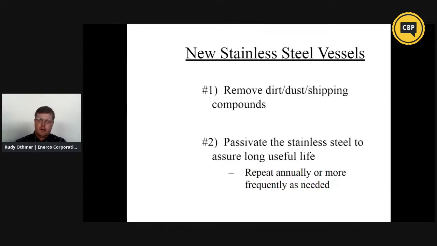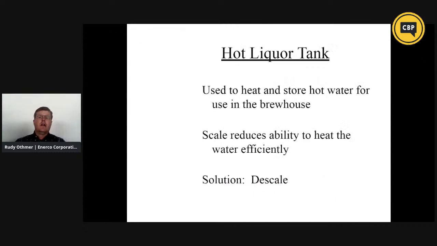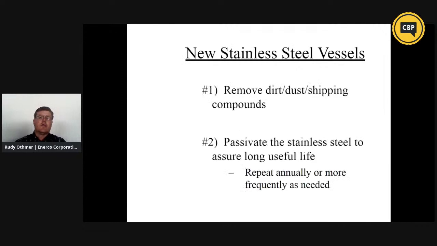And I don't have a slide on it, but you can use what's called the water break test. If you're wondering whether your stainless surface is clean, allow water to run down the vertical surface on the tank and observe its behavior.